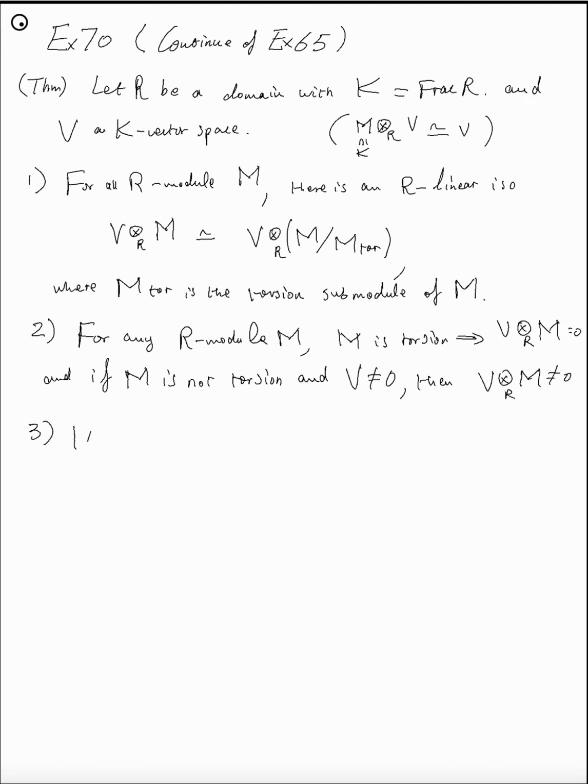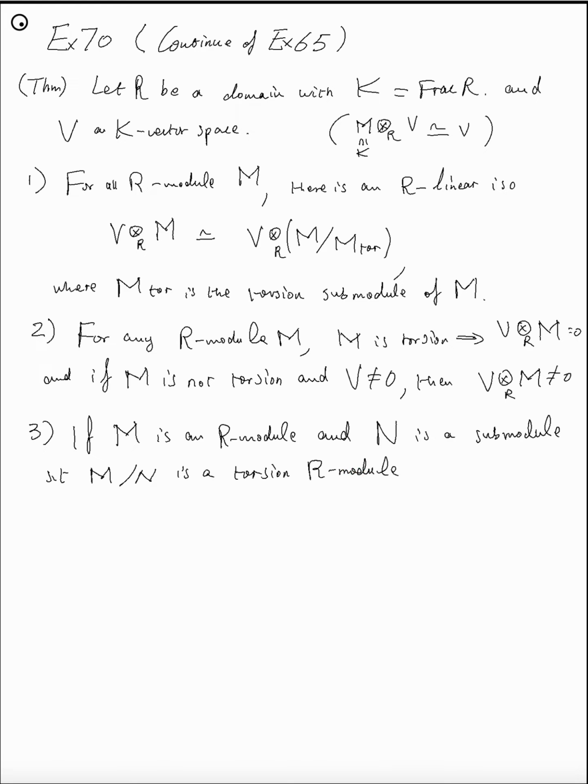Lastly, if M is an R module and N is a submodule such that M quotient by N is a torsion R module, then we have V tensor N is the same as V tensor M. In some sense, if they only differ by torsion, then that doesn't hurt the tensor product.